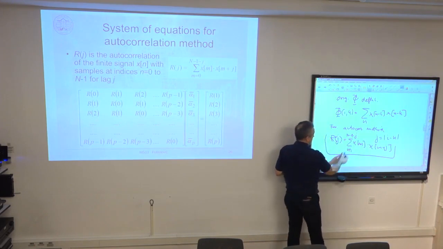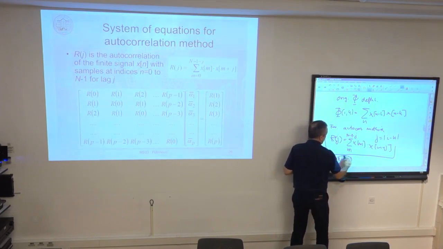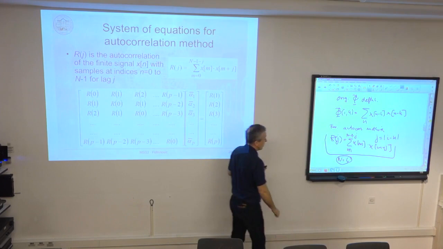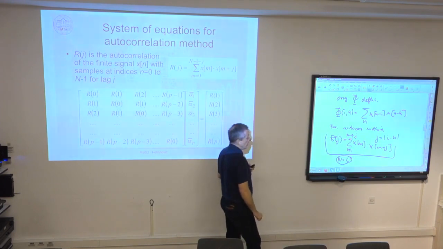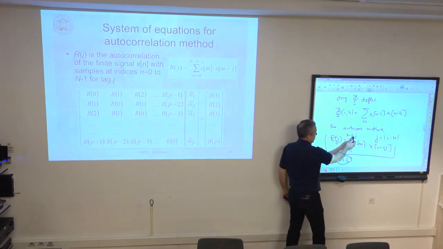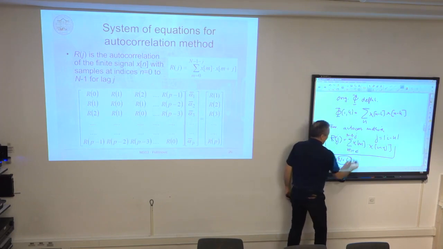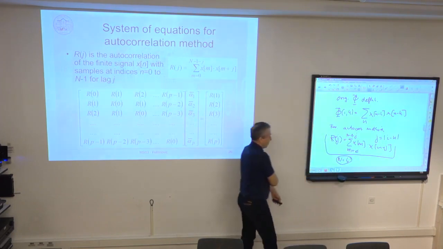Let's say that I have N equal to 4, as in our case, we have 4 samples. And if I compute this R of 2, then this summation goes from m equal to 0 to N minus 1 minus 2.